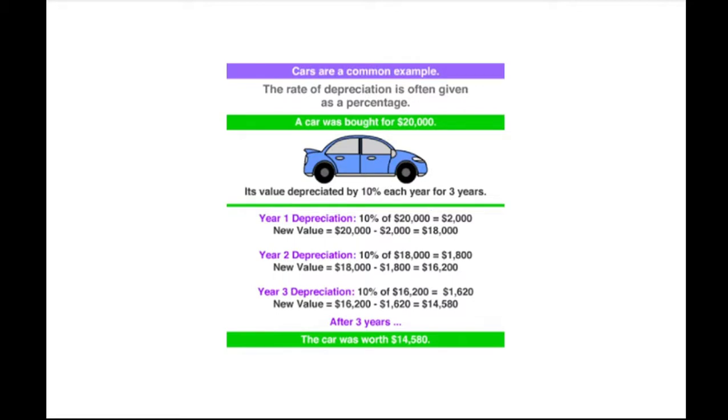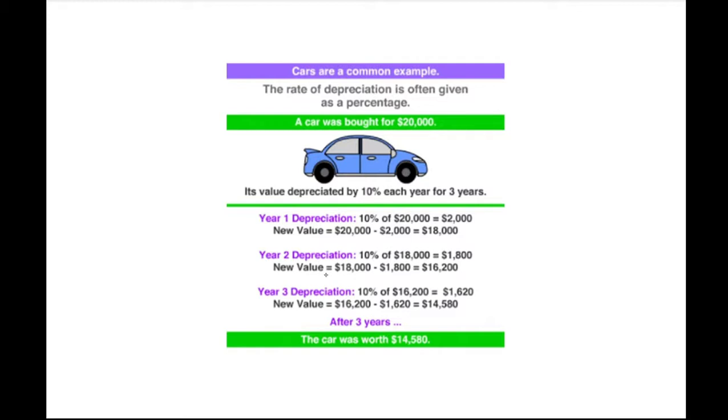So what does that mean? Well, it means it loses 10% of its value every year. So in year 1, it loses 10% of $20,000, which was the original price, or it loses basically $2,000 in value. That means that after 1 year, the car is now worth $18,000.